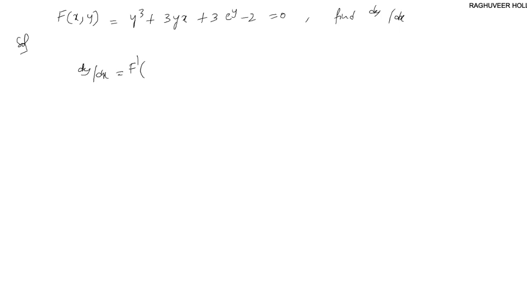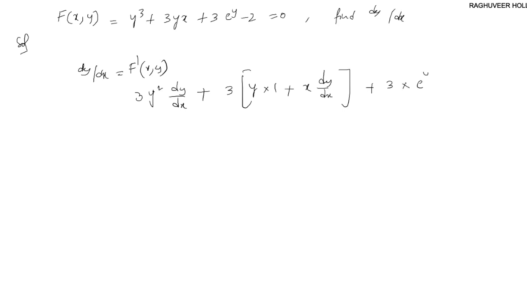Okay, and differentiating this with respect to x, we get dy by dx, this is f dash of x comma y, which is 3y square dy by dx plus 3 multiplied y into 1 plus x into dy by dx, plus 3 multiplied e to the power of y into dy by dx, since with respect to x, which is equal to 0.